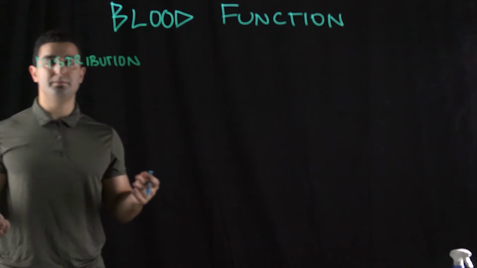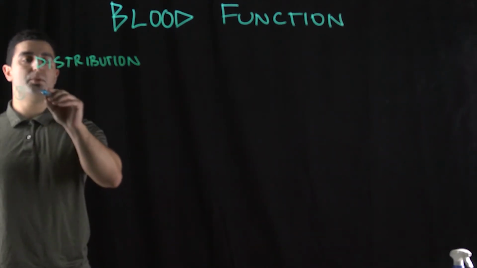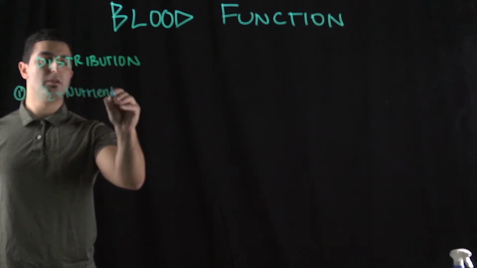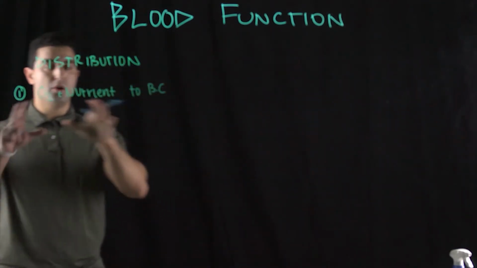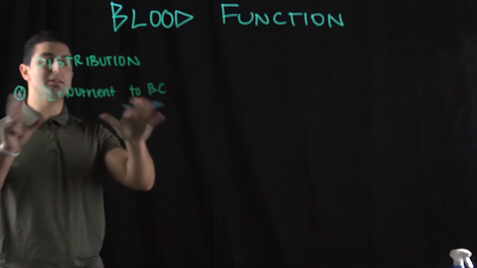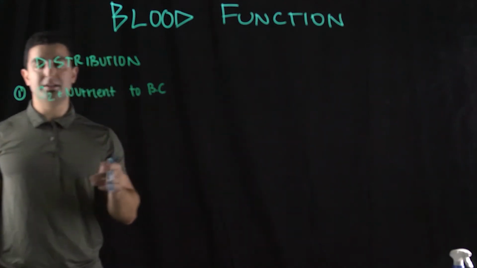The main function here is, number one, it transports nutrients and oxygen to the body cells. All of these gases, nutrients, vitamins, sugars, carbohydrates, fats, they're all transferred into the body cells.